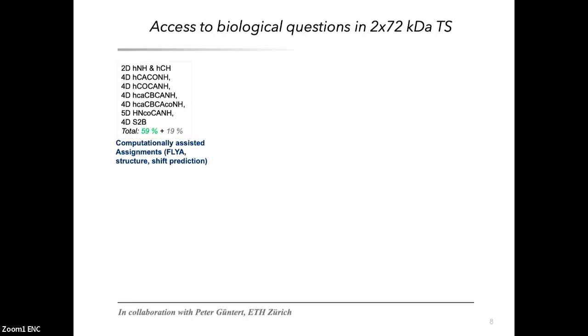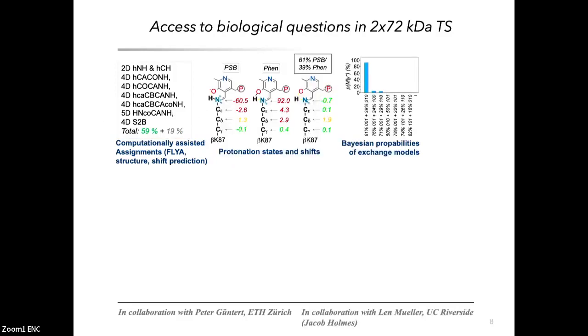So this really gave us access to biological questions. Again, this was a very fruitful collaboration with Lens Group, and in particular Jacob Holmes, who is also here in the audience. They calculated chemical shifts that would be expected for a certain protonation scenario in the cofactor pyridoxal phosphate, and for another, different situation, similar to what Jacob talked about yesterday.